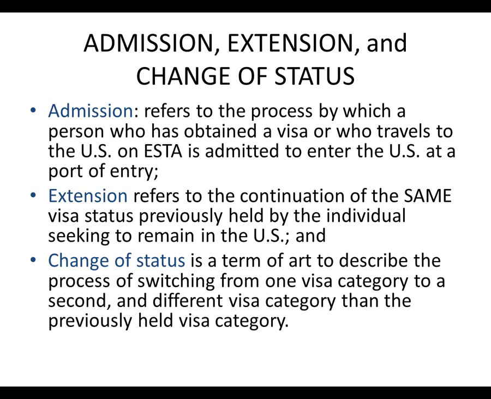All right, so an extension of status refers to the continuation of the same visa status that was previously held by the individual who is now seeking to remain in the United States. There is a very, very limited exception for an extension of the 90-day stay under the visa waiver program, or ESTA, essentially for medical emergencies for an additional 30-day period.